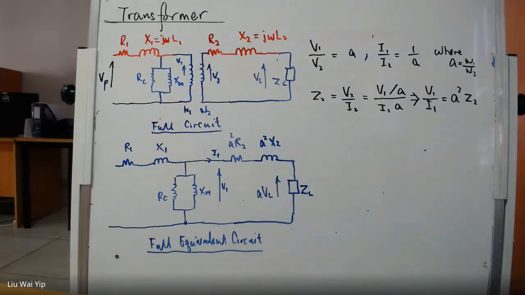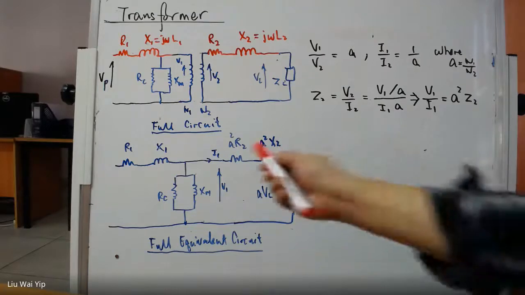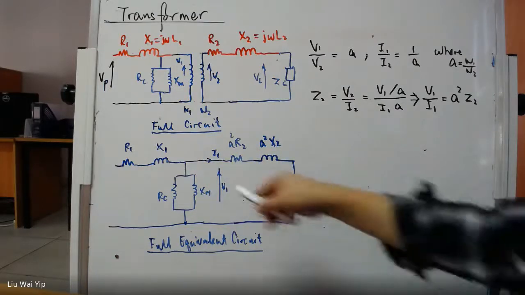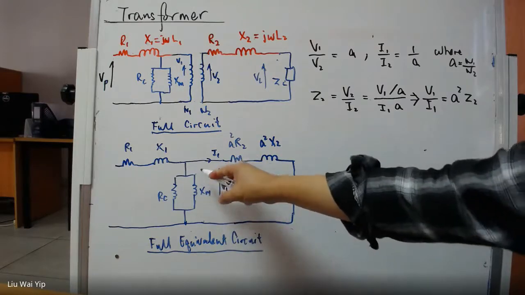But this circuit is somewhat complicated. In the old days, when engineers didn't even have a calculator, they tried to approximate everything in a way that they could handle with manual calculation. So what they did is, okay, we have this circuit, but the core loss here is very ambiguous.